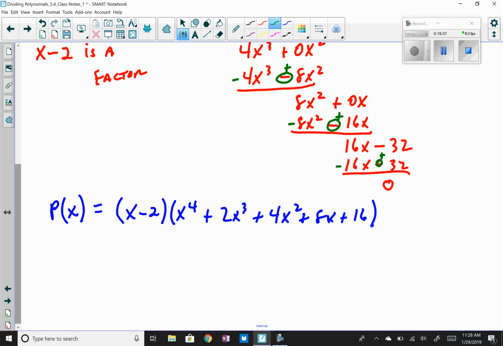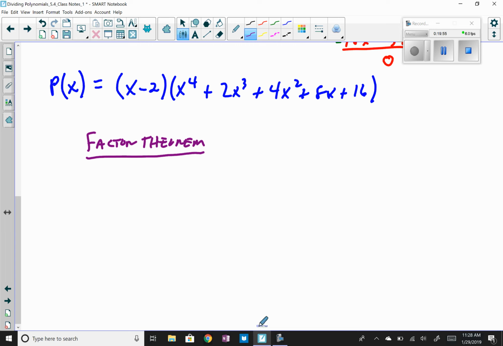Okay, just one other thing to show you here. We'll call it the factor theorem.